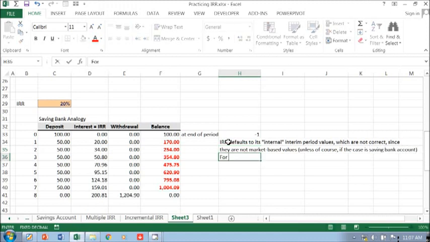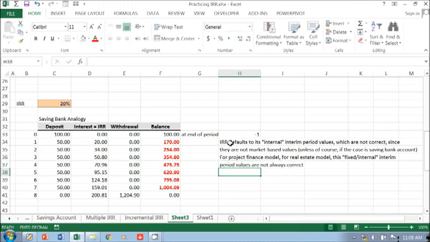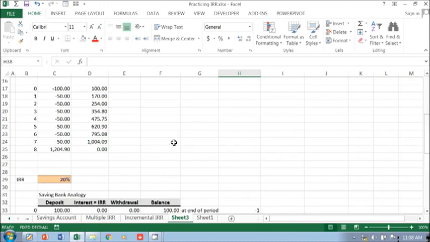So for a project finance model or a real estate finance model, the interim period values are not always correct. Have to remember that.